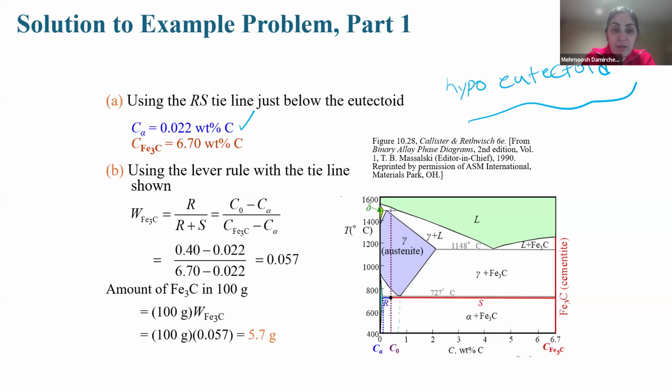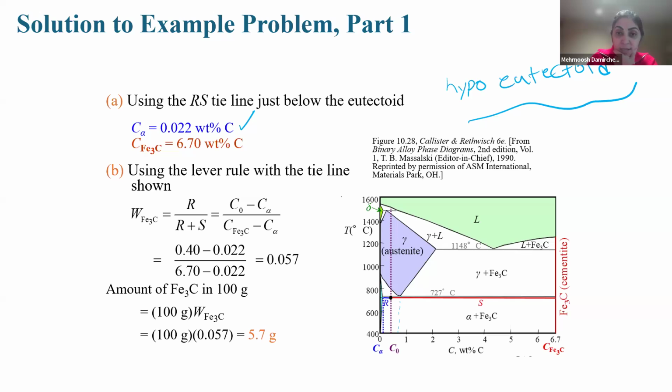Next step, we are looking for the weight fraction of the cementite and the amount of it. If we have 100 grams, we want to know how much cementite.